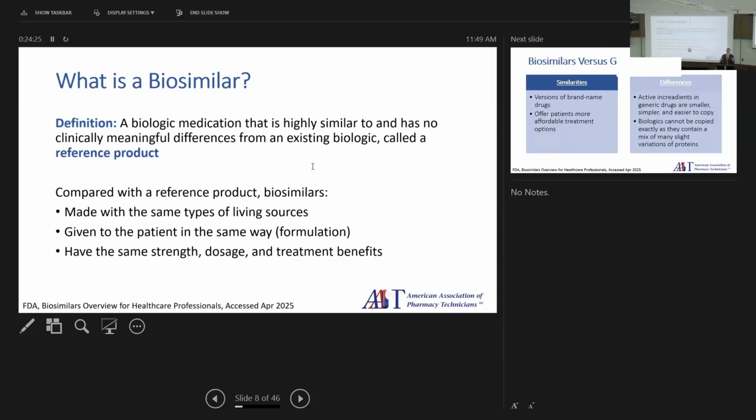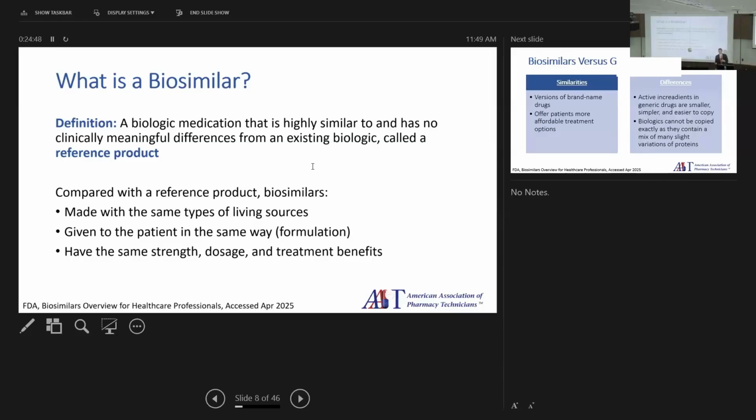So the reference product is essentially the brand name medication, and the biosimilars are, in a sense, the generic version of the original biologic. So compared with that reference product or original biologic, biosimilars are made with the same types of living sources, given to patients in the same way, have similar formulations, and have the same strengths, dosages, and treatment benefits.